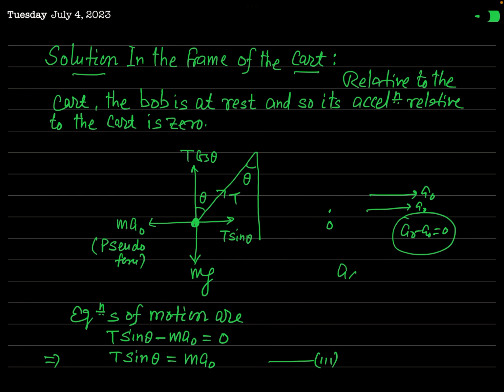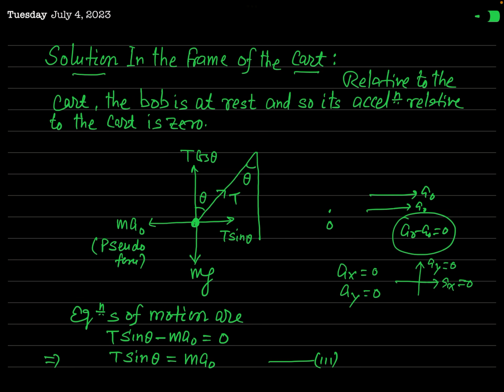There is no acceleration in x direction, ax will be 0, and ay will also be 0. In the frame of the cart, there will be no acceleration either in x direction or in y direction.